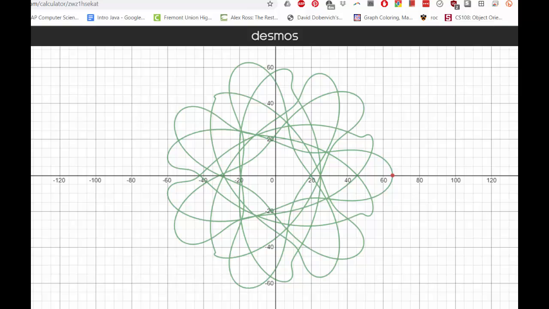This is the path that a rider would take on the teacup ride at Disneyland, potentially. And even though it's a very complicated looking graph, the parametric equations that define it are actually very straightforward. That's why they're so powerful: you can use simple equations to describe interesting and complicated paths. We'll get there, probably not today, probably not tomorrow, but maybe next unit.